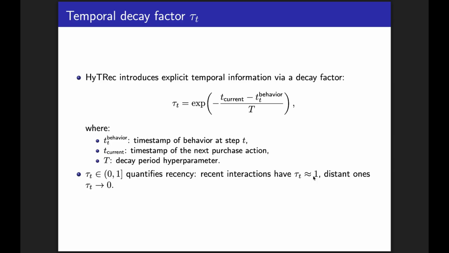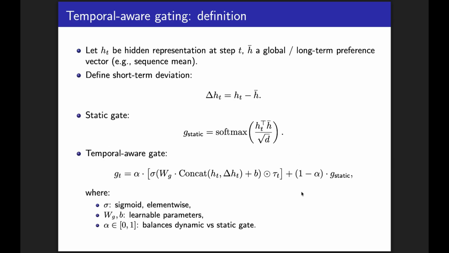So pretty much simple. Now the thing is that we are going to embed this tau into a bit more complex equation. What we're going to do with this tau is put it into a gate, a temporal-aware gate.